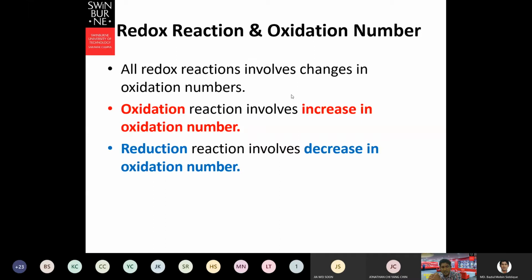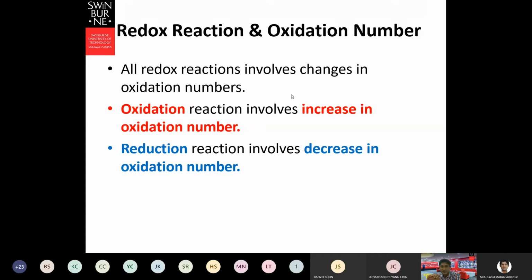Since oxidation is the losing of electrons, and we know the electron carries a negative charge, and the proton carries a positive charge, as we have seen before, when electrons are lost from an atom, the positive charge is increasing.